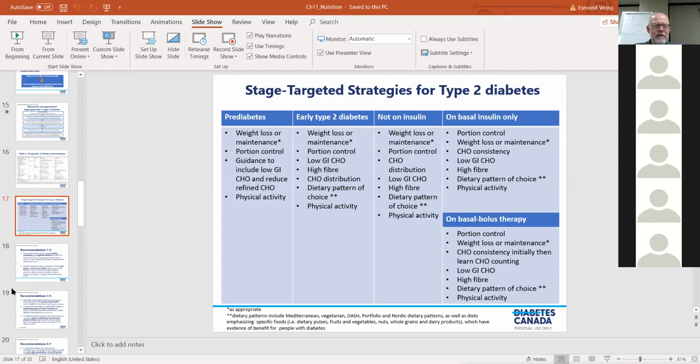So the question is about portion sizes. Is there somewhere you can go to find out what would be the correct portion amounts for someone? For someone with, say, pre-diabetes or no diabetes at all, I would refer them to Canada's Food Guide.